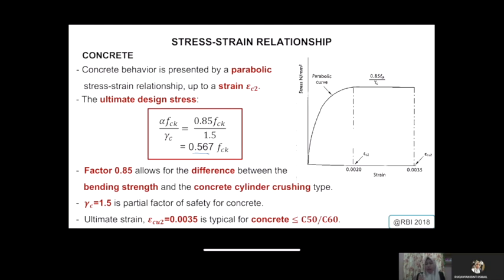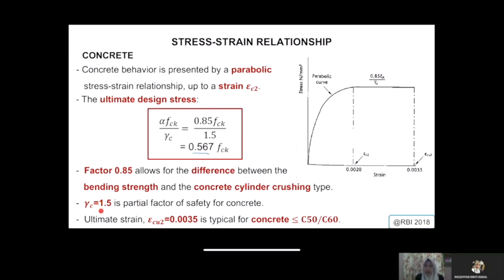We get fck from the concrete cylinder crush test, when you compress it and know your concrete strength. But when applied to a beam, the strength determined from the compressive test is not exactly what the beam experiences. So that's why we consider only 85% of the strength.